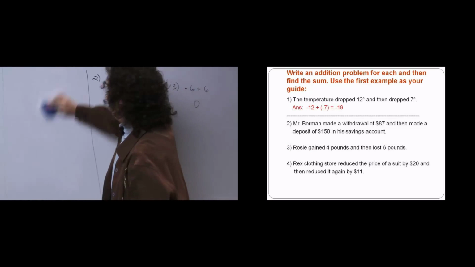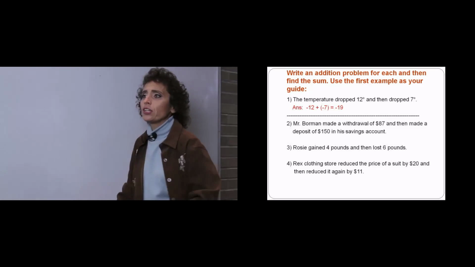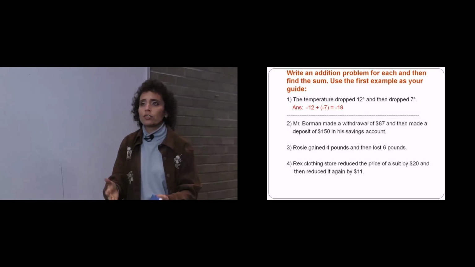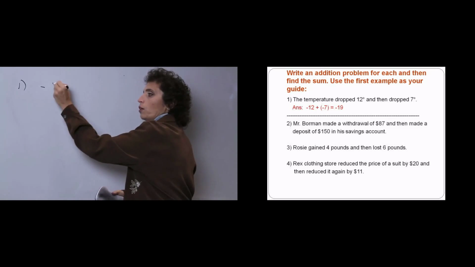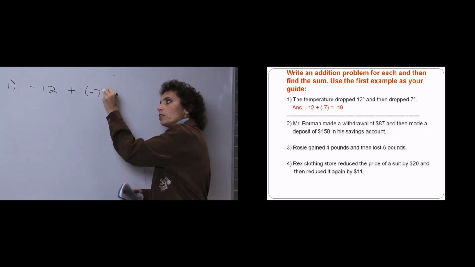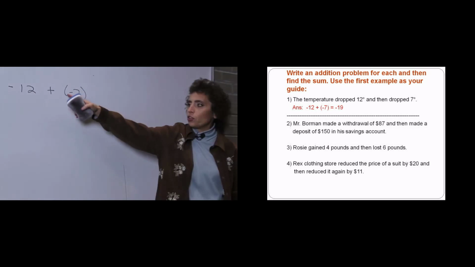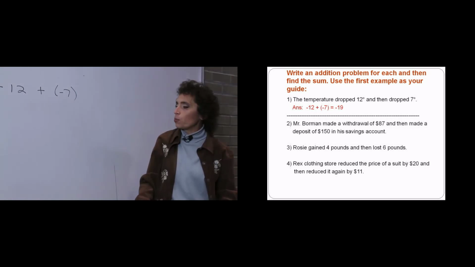In this next problem, I'm going to do the first one with you, and then I'm going to ask you to do the rest. It says, if the temperature dropped 12 degrees and then dropped 7 degrees. Well, it dropped 12, and then this is what happens next. We said we're going to write it as an addition problem. That's what it says in your workbook.